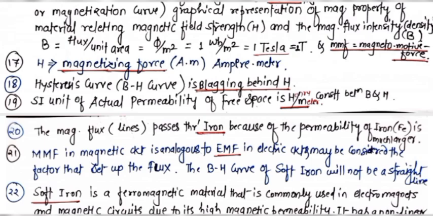MMF is magnetomotive force. H is the magnetizing force, in ampere per meter.